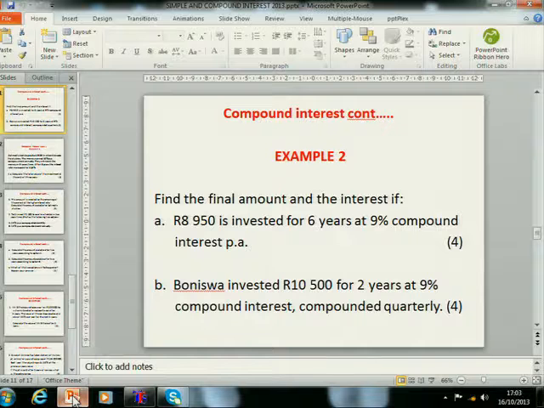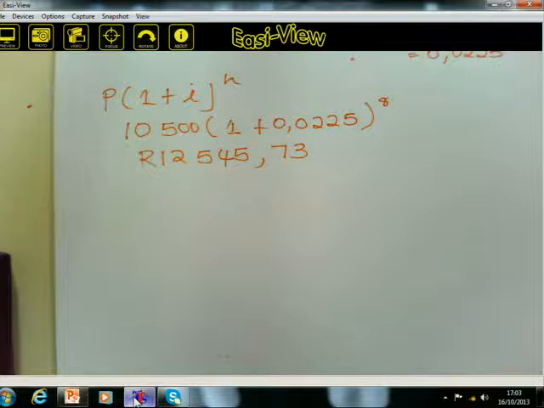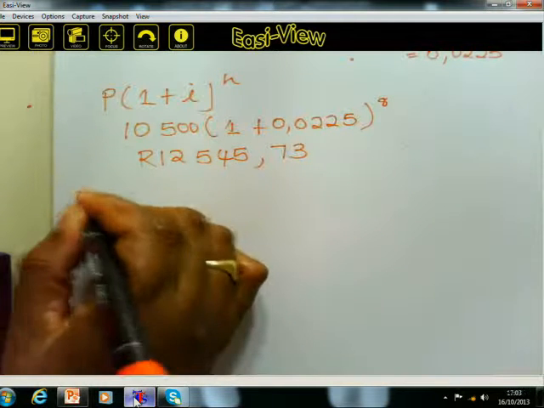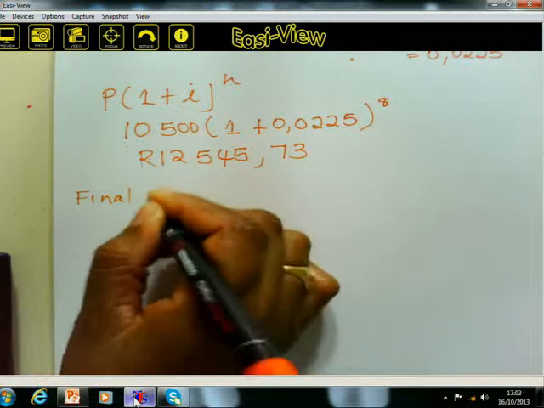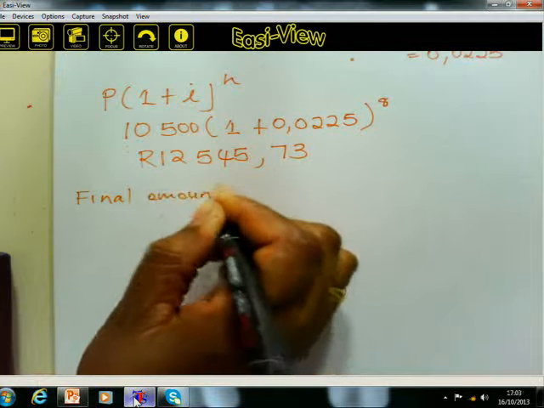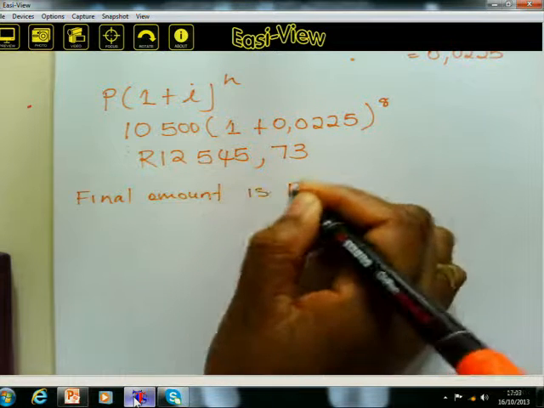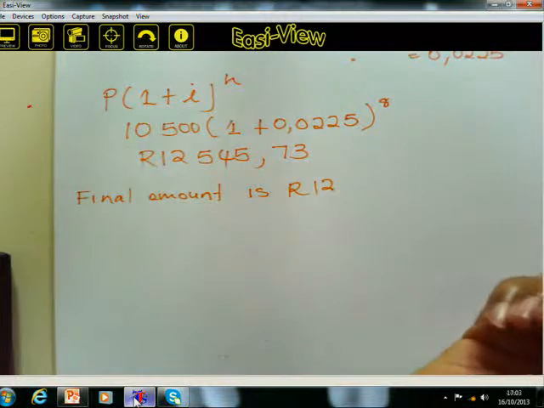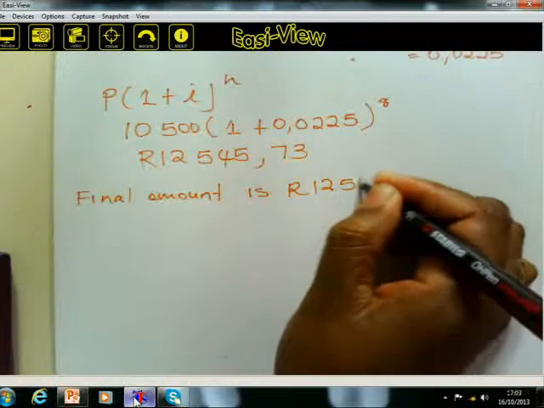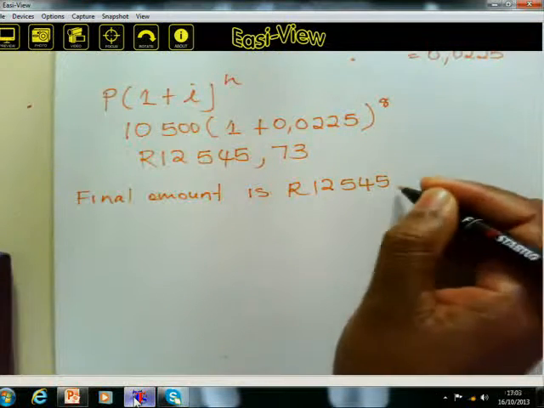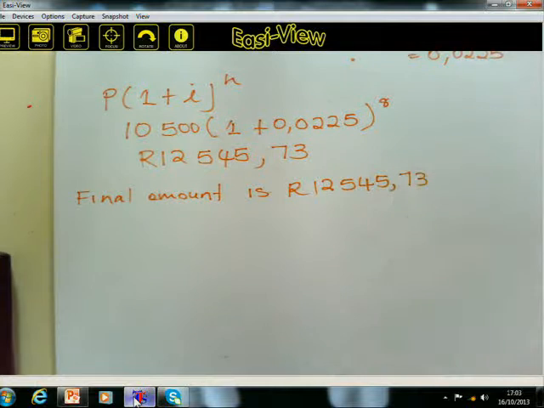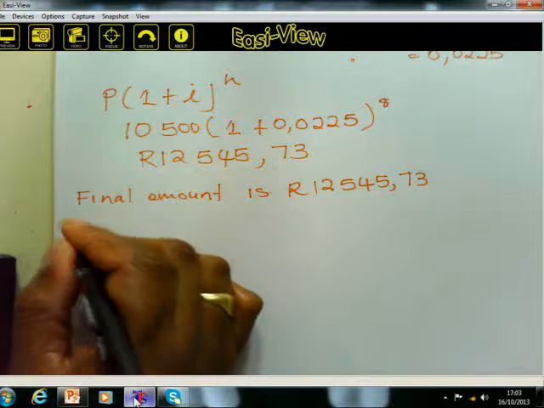So in this case, our final amount is 12,545 rand 73 cents.